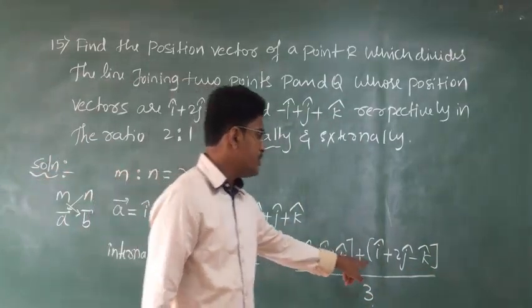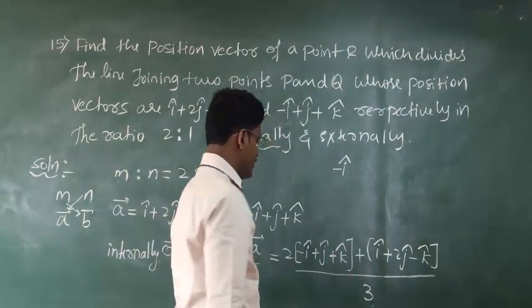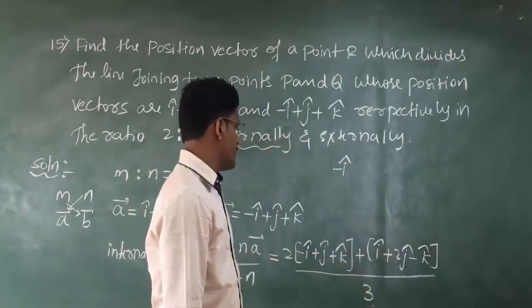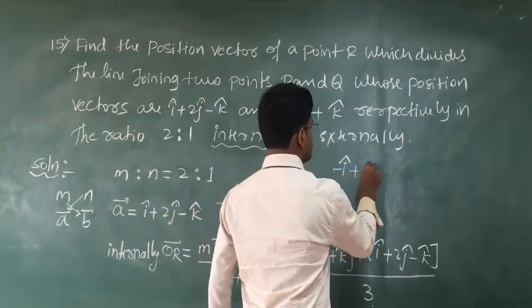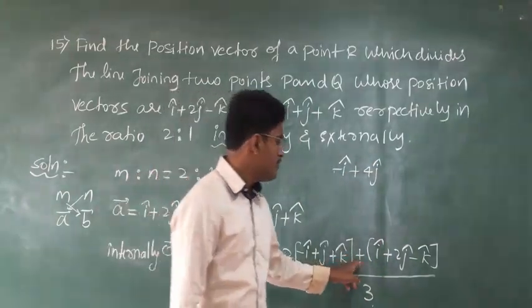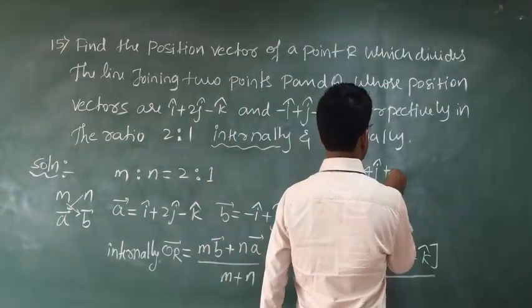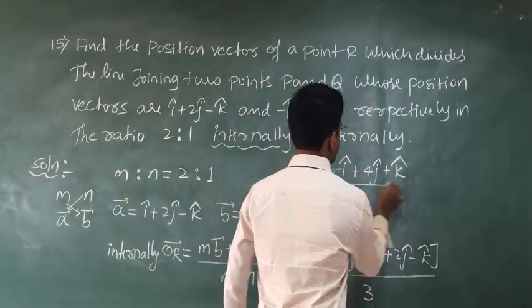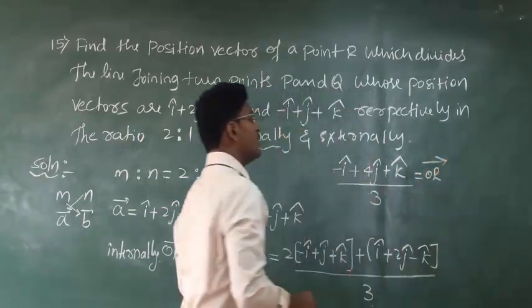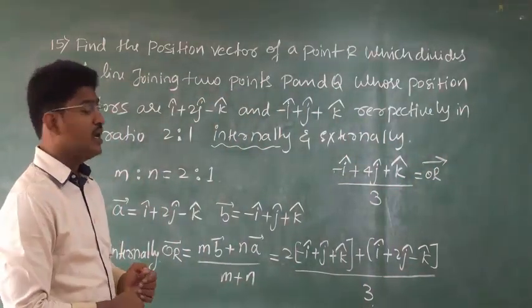Minus 2i cap plus i cap, it will be minus i cap; 2j cap plus 2j cap, it will be plus 4j cap; plus 2k cap minus k cap is plus k cap, divided by 3. This is vector OR internally.